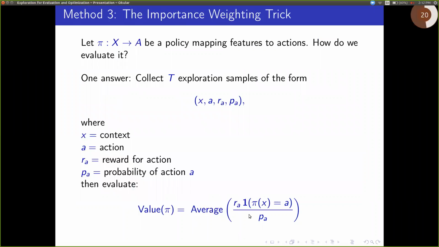Right. Okay, so let's look at this. Suppose that P is 0.5 and the reward is either 0 or 1. Then the value of this term is going to be either 0 or 2. So the range is kind of blown up by a factor of 1 over the minimum probability.